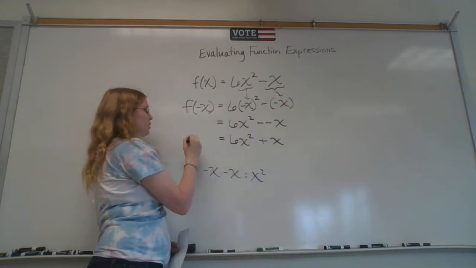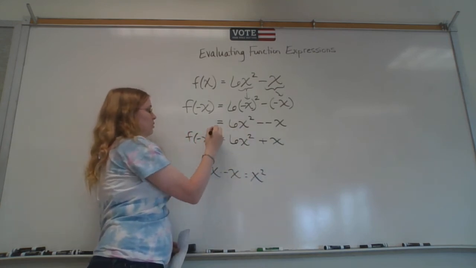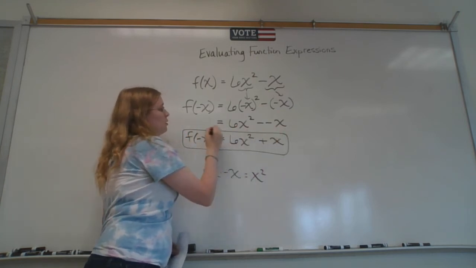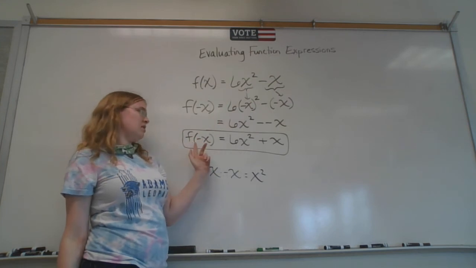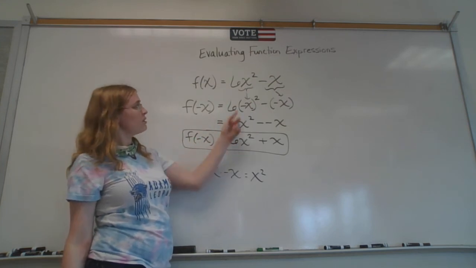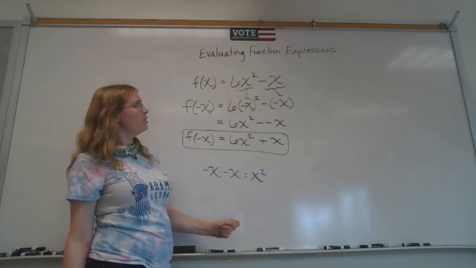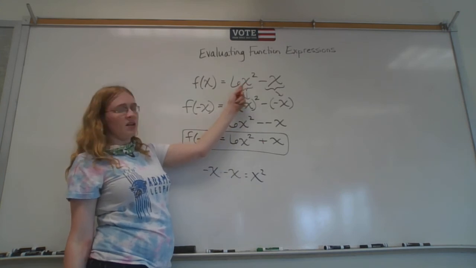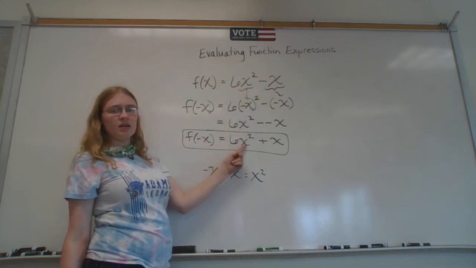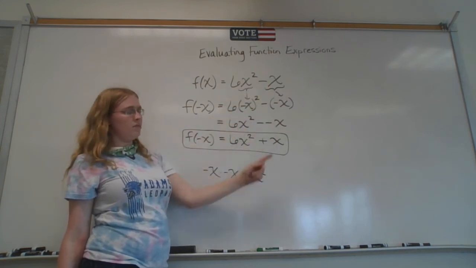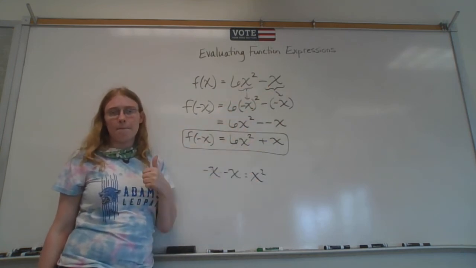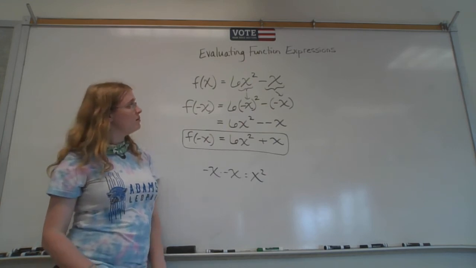Double minus makes plus. So if this is f of x, this is f of negative x, 6x squared plus x. This one stayed the same because a negative squared stays the same, and this one turned positive because a negative negative turns positive.